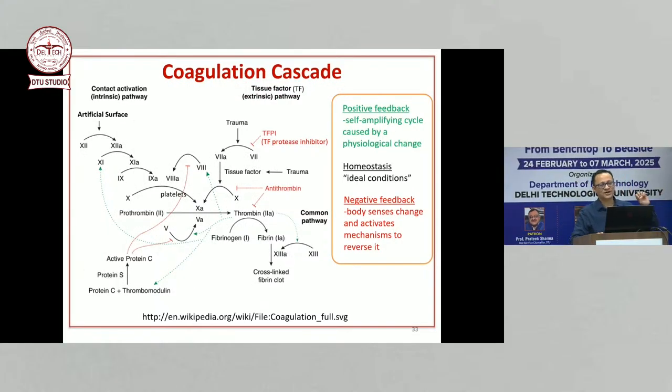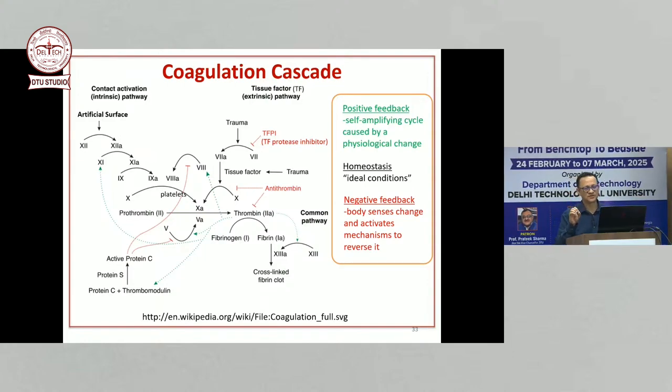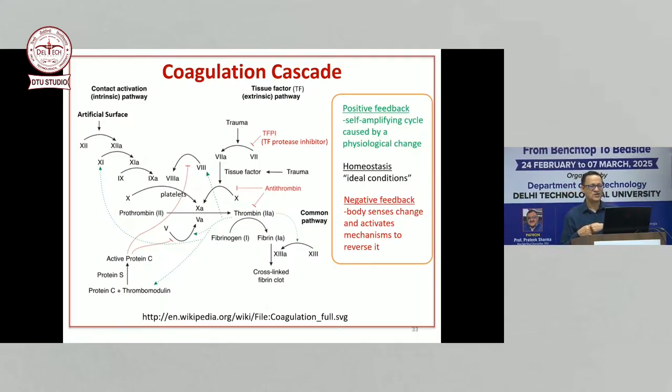When there is a trauma or injury, factor 7, so these factors are proteins or enzymes being activated, factor 7 gets converted to activated factor 7, and that activated factor 7 will cause factor 10 to get activated.